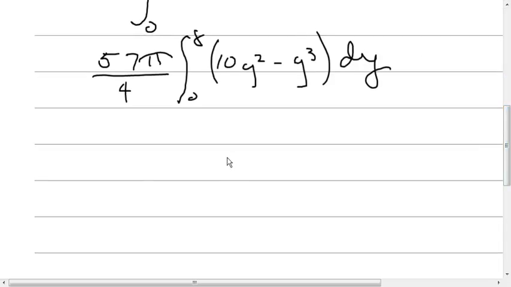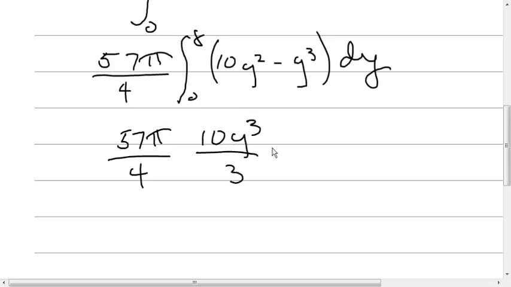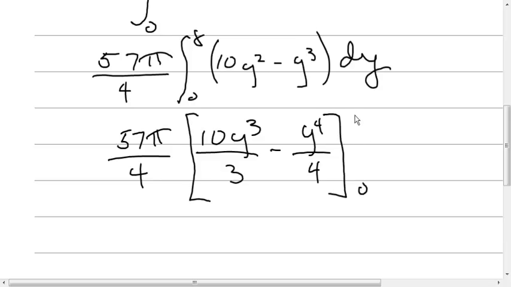And when we integrate this, we're going to just get 57 pi divided by 4. This would become 10y cubed divided by 3. Better put a bracket in there. Minus y to the 4th divided by 4. And we're going to evaluate this from 0 to 8.